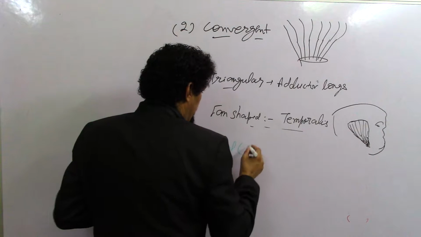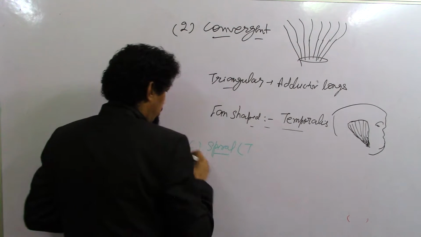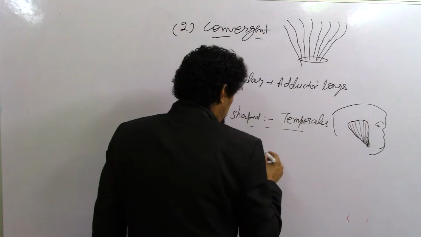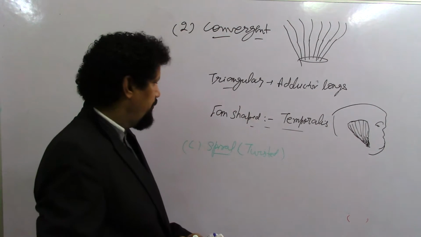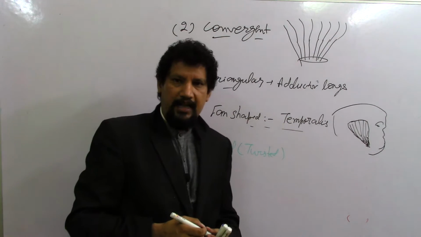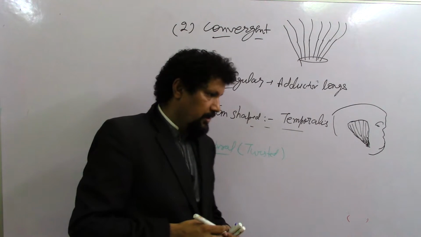This is also known as twisted. This type of architecture is seen in many muscles of the body.